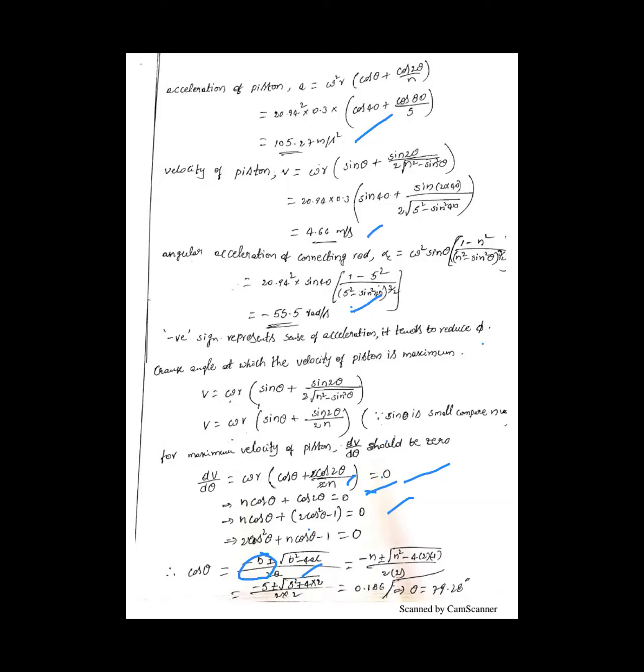So minus n plus or minus square root of n square minus 4 into 2 into minus 1, by 2 into 2. When we make the calculation, cos theta equals nearly 0.186. From that, theta equals 79.28 degrees. That is the crank angle at which we get the maximum velocity.